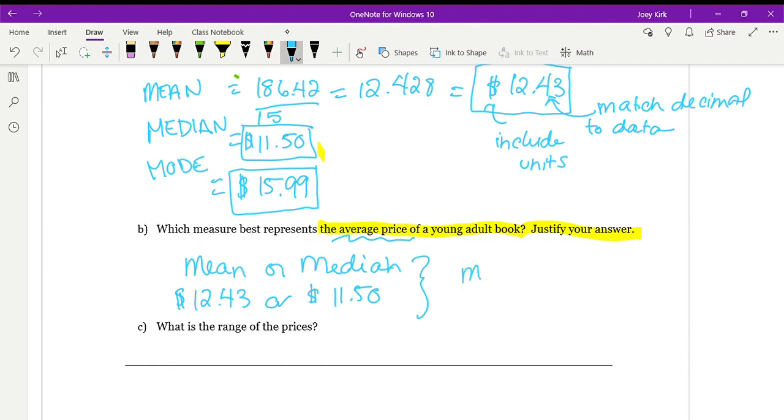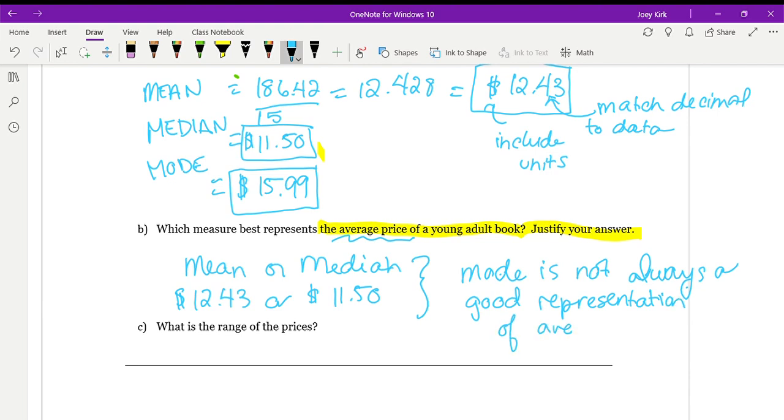So mode is not always, I cannot spell this morning, mode is not always a good representation of average because it's the most frequently repeated number, right? So mode not always a good representation of average.